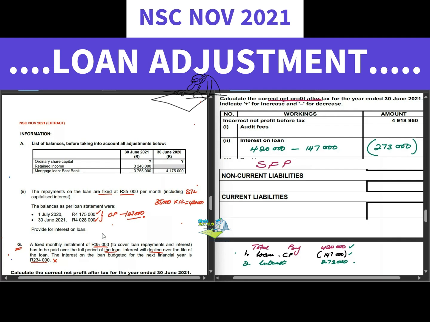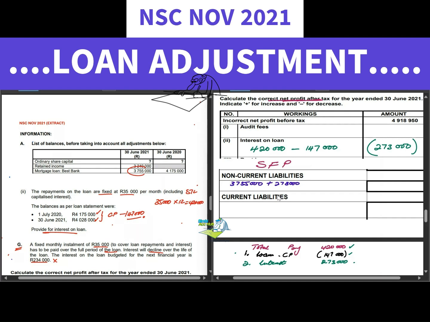On my loan, I can take the amount in information A, which is 3,755,000. I know that amount has not yet been provided for interest, because interest still needs to be capitalized. That's why they say provide for interest on loan. So if I take that 3,755,000, I must still add the interest on the loan, which is 273,000.